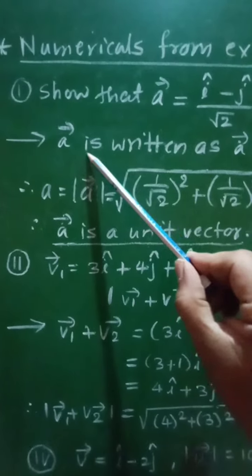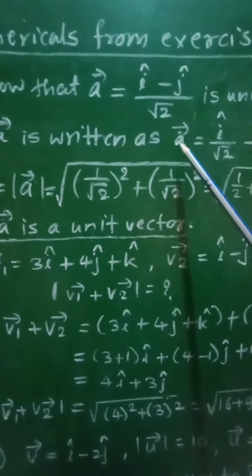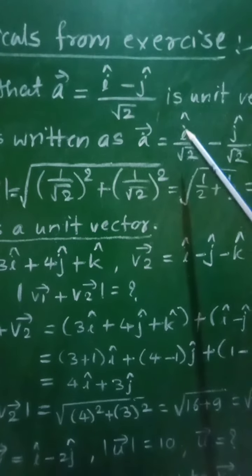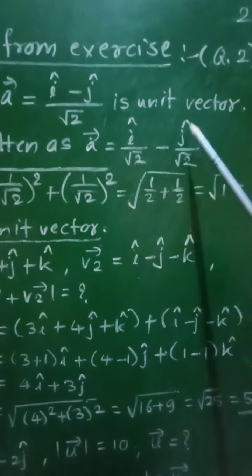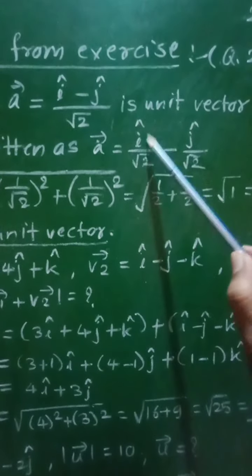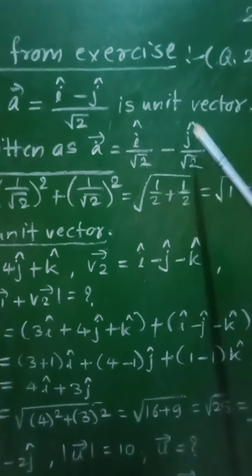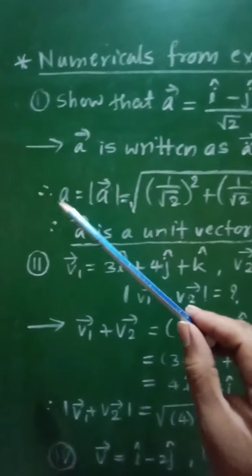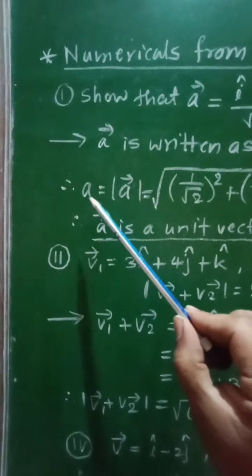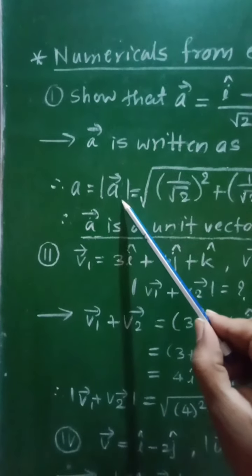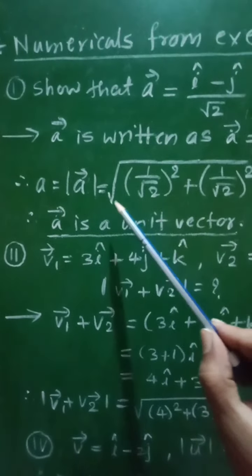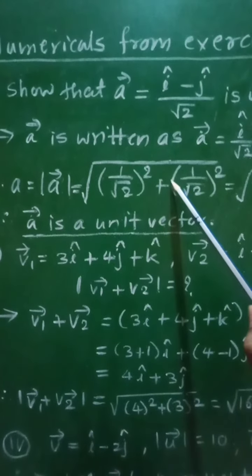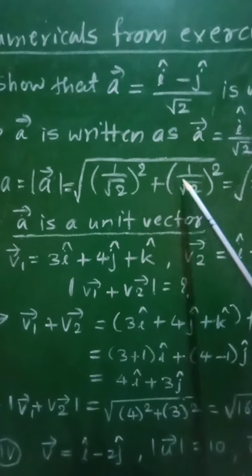Therefore, this vector A will first be written as vector A equal to i cap by root 2 minus j cap by root 2, separating the denominator. And therefore, magnitude of this vector A will be equal to square root of ax square plus ay square.